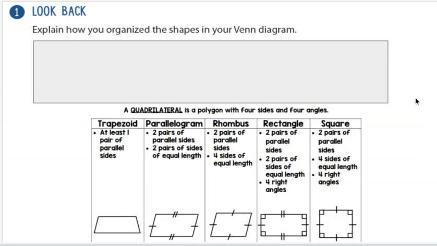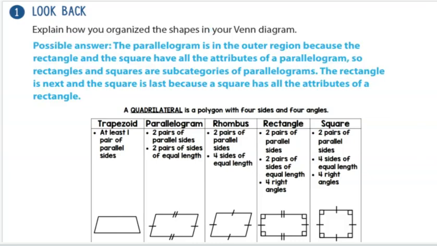All right, so taking a look here, this is just one possible answer. The parallelogram is the outer region because the rectangle and square have all the attributes, great vocabulary word there, of a parallelogram. So rectangles and squares are subcategories of parallelograms. The rectangle is next and the square is last because a square has all the attributes of a rectangle.